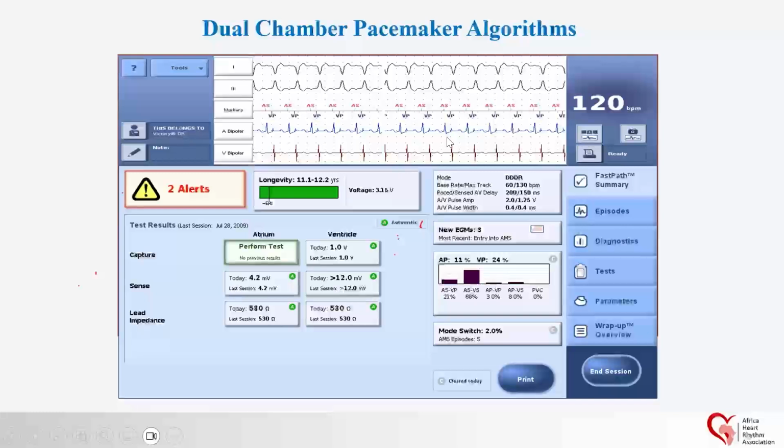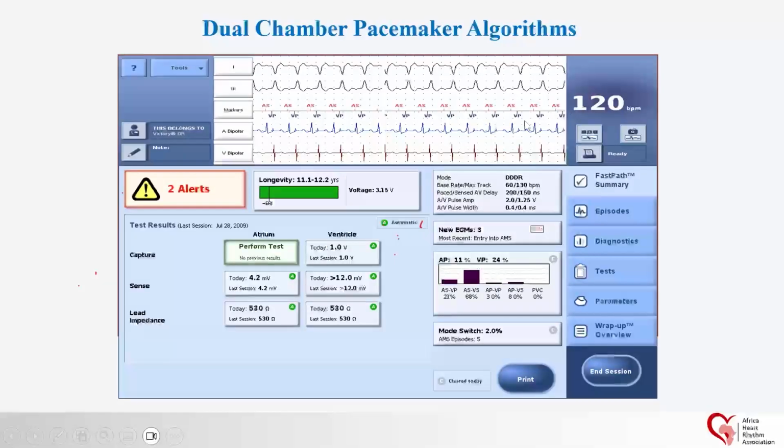We see here what we call the EGM. The EGM is the local signal that the lead detects from the myocardium. Here we have the atrial signal, and here we have the ventricle signal. What we have here is the patient rhythm, in this case 120 BPM.